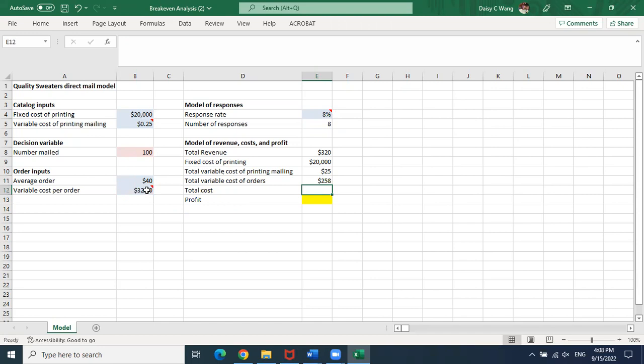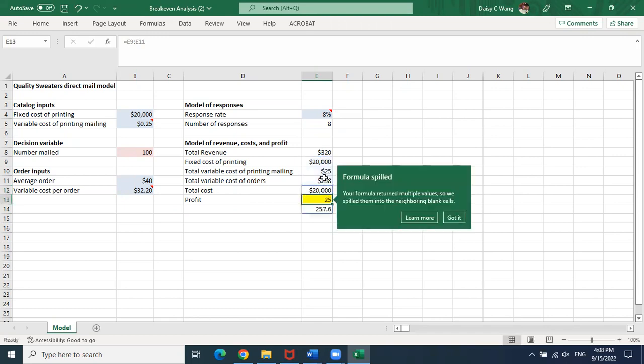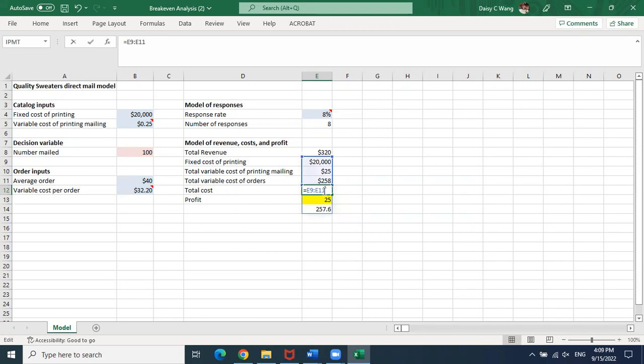So the total cost will be the sum of these three. I have to put in the sum of these.